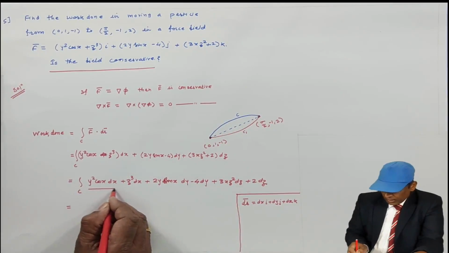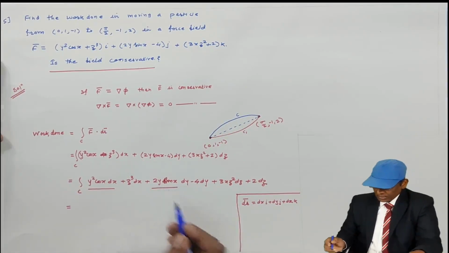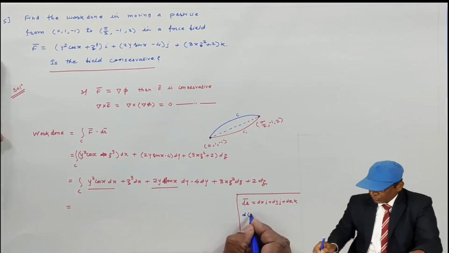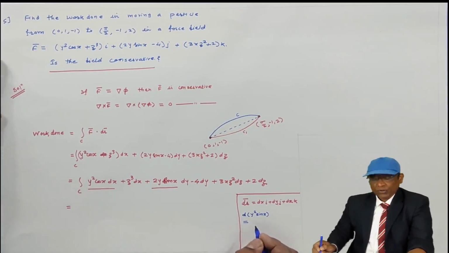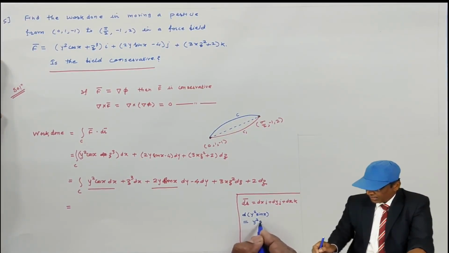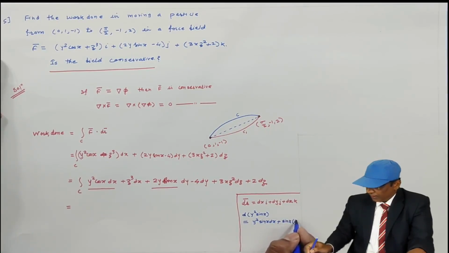If you look at these two terms, it is the derivative of y square into sin x. You can resolve it by the product rule: first function y square, derivative of sin x is cos x dx, plus second function sin x and derivative of y square is 2y dy.